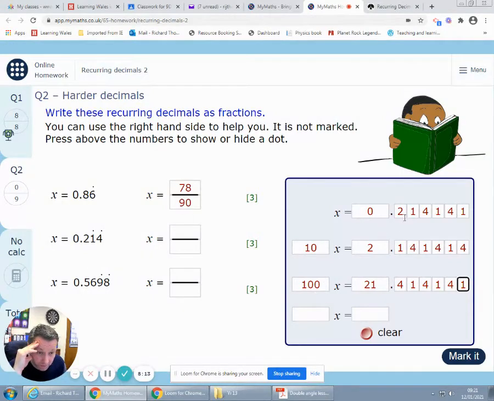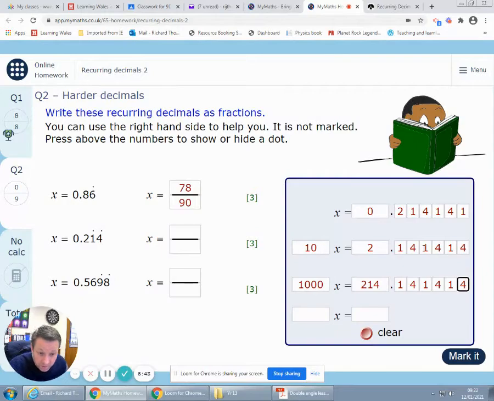So I'm obviously going to need to go to the next level and multiply by 1,000. And if I multiply by 1,000, that means move it over 3 places. I'd have 214, and then after the decimal point, I'd have the 1414 pattern. So I'm going to change this line here. I'm going to change that to 1,000, make that 214. And that's how it looks. Now check the numbers are the same. 141414, 14141414.